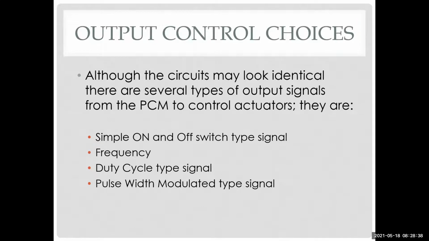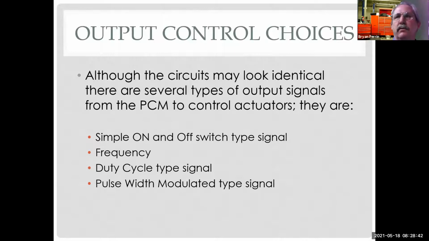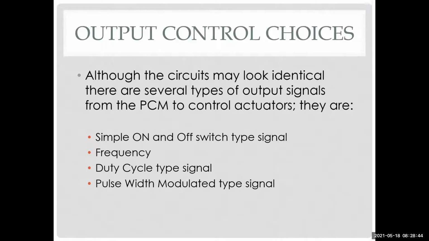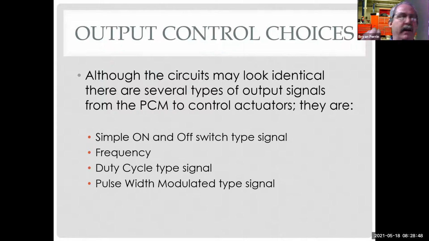Some modules control the ground side, which is by far the most common. The most common is we supply power to the actuator and the computer controls the ground. We call that low side control or ground side control. Some manufacturers like high side control, so they apply ground to the actuator all the time and turn the power on and off from the computer.